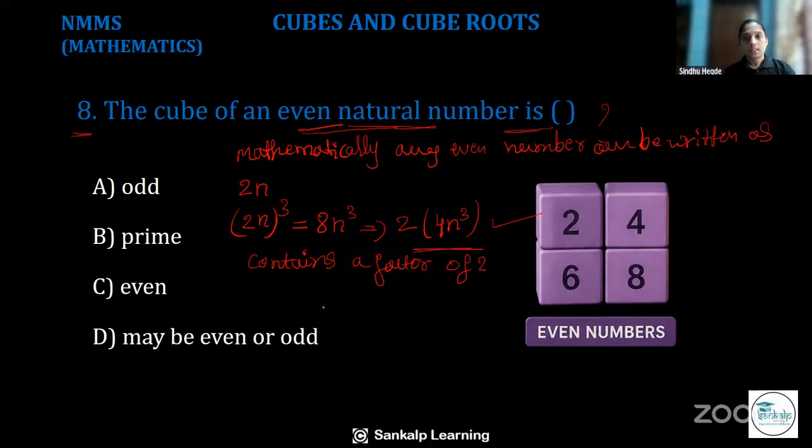So the cube of an even natural number is also even. For example, 2 cube is 8, then 4 cube is 64, like this. So the cube of an even natural number is always even. Option C is the correct answer.